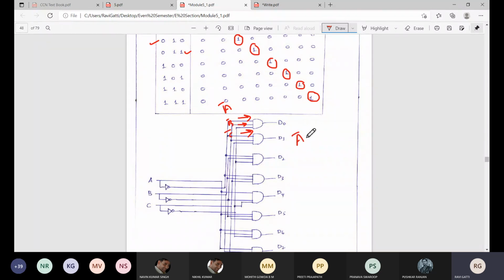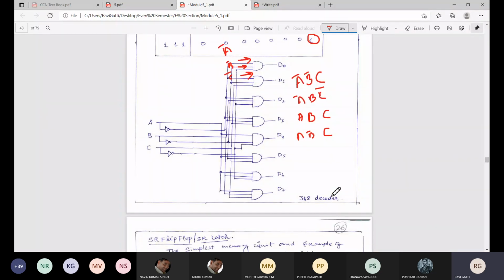Similarly, D1 is A bar, B bar, C. D2 is A bar B C bar. D3 is A bar B C. D4 is A B bar C. So based upon that we have written this diagram. Please make a note of this.